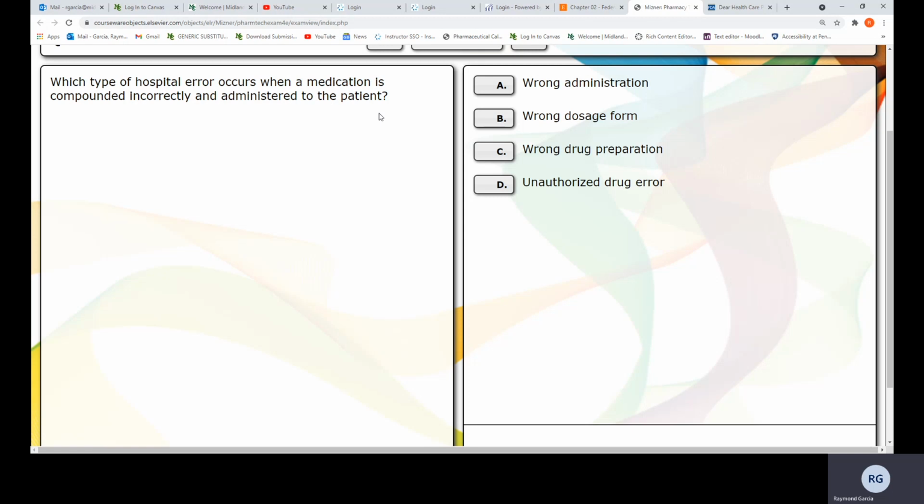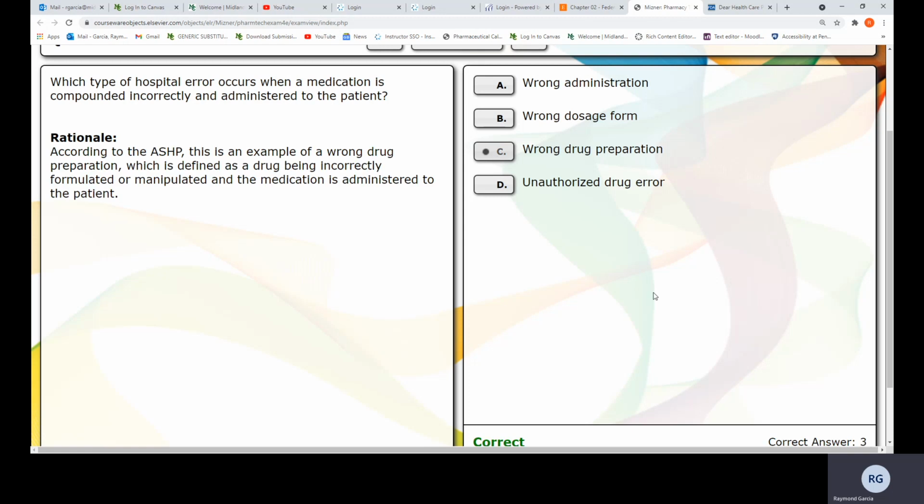What do you say? See, that would be my guess too. According to the ASHP, this is an example of wrong drug preparation, which is defined as drugs being incorrectly formulated or manipulated and the medication is administered to the patient. That happens.